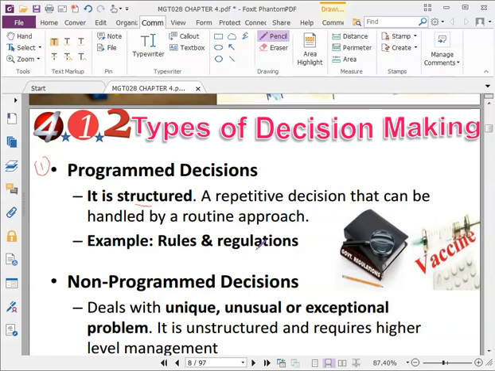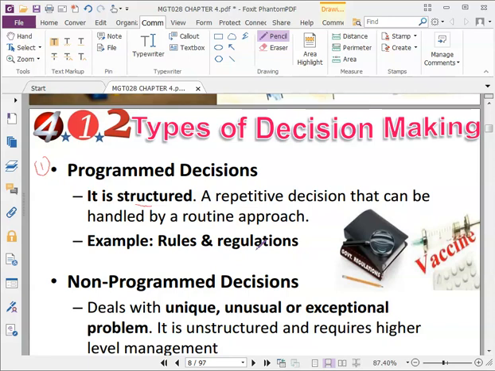Okay, the student should wear black shoes, for example. Okay, that is the regulation. And then the students that is absent should submit the letter. Okay, that is all the rules and regulations. Okay, itu adalah structured, maksudnya sesuatu yang kita selalu akan buat decision tersebut. Okay, that we call it as program decision.